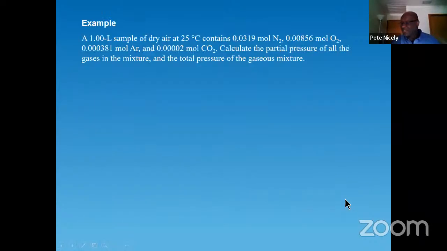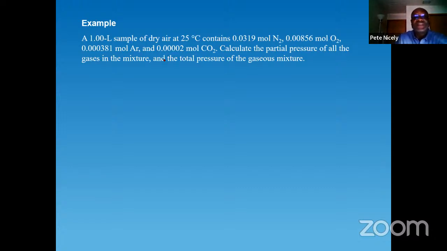Okay, so let's apply what we have just learned to this example. So this question says a 1.00 liter sample of dry air at 25 degrees Celsius contains 0.0319 moles of nitrogen, 0.00856 moles of oxygen, 0.000381 moles of argon, and 0.00002 moles of carbon dioxide.